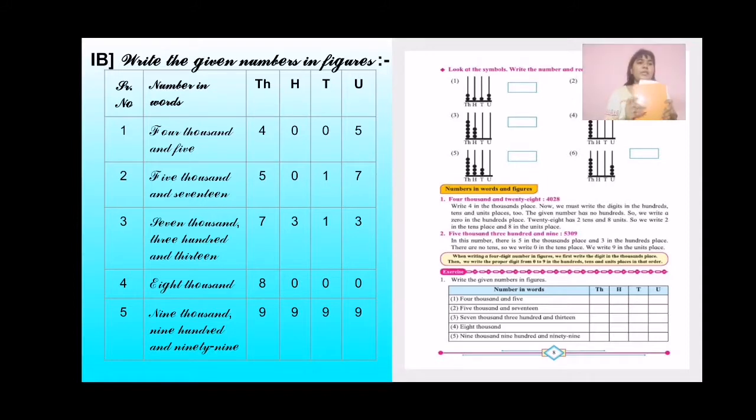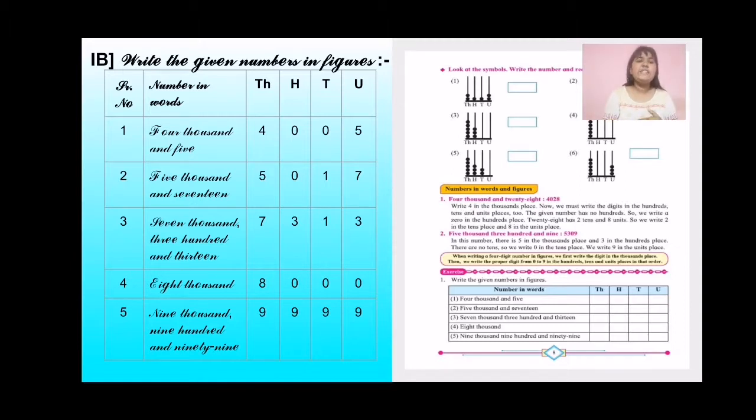Now, if your book is like this, turn your book sideways and draw it. First you write the serial number, numbers in words, then the columns for 1000, 100, tens and unit. You will make 6 columns, and down 5 rows.